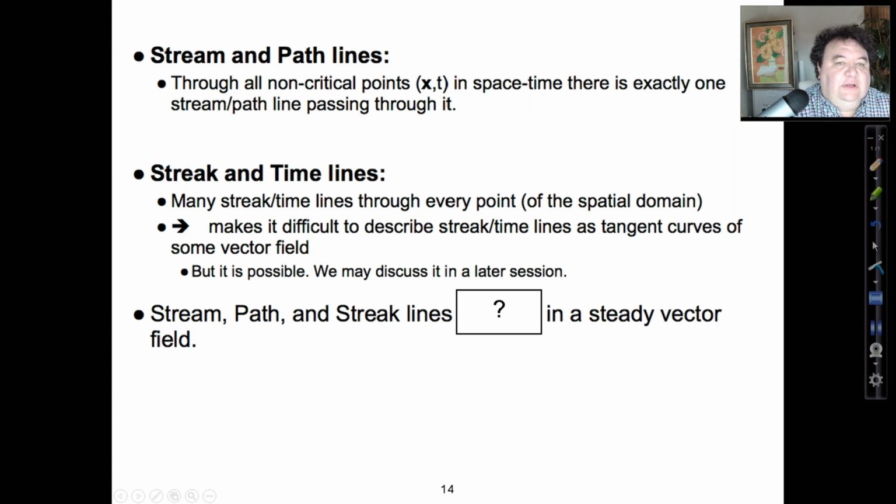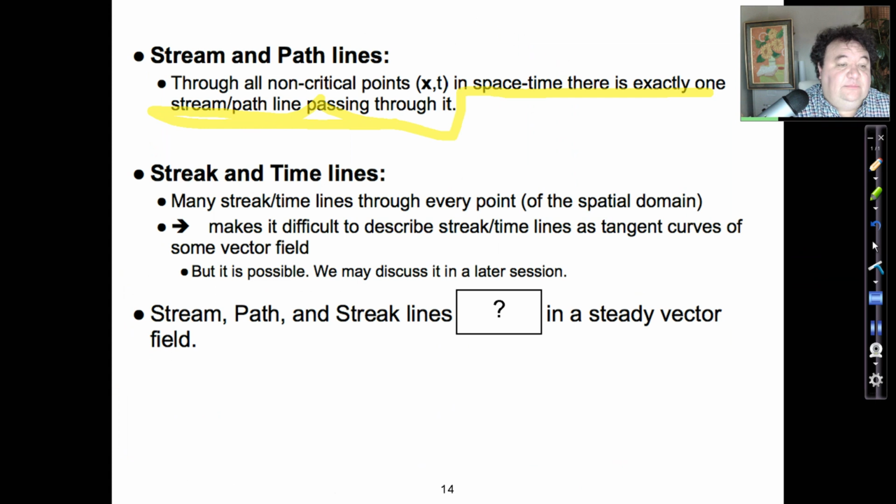So we look at those general concepts of streamlines and path lines that go through the evolution of the vector field over time. And in each location, there is exactly one streamline and one path line. This is an important statement of how they are distinct from each other.